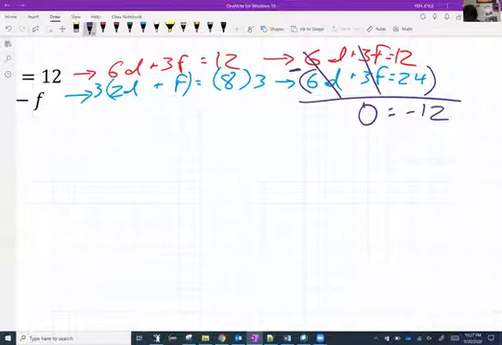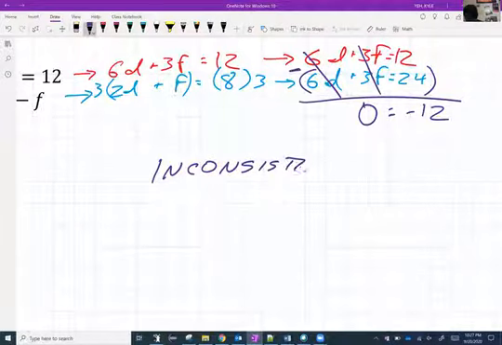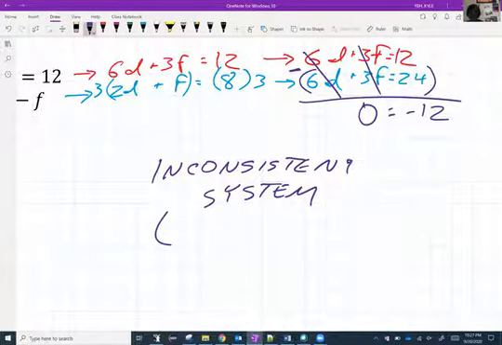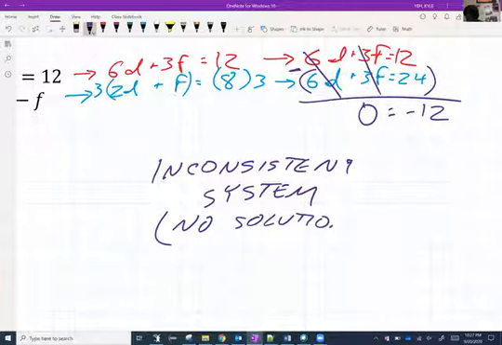And so this, kind of like the substitution video, this is an example where if we get something that makes no sense at all, then this is an inconsistent system of equations. There is no possible D and F value that will work for both of these equations, so no solution.